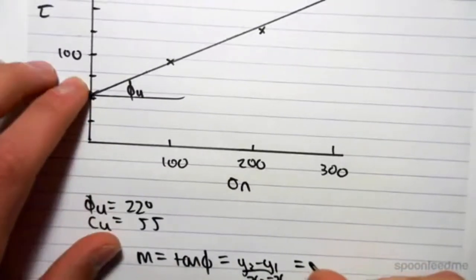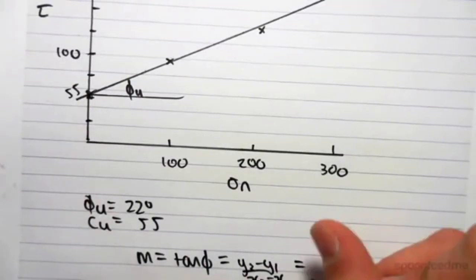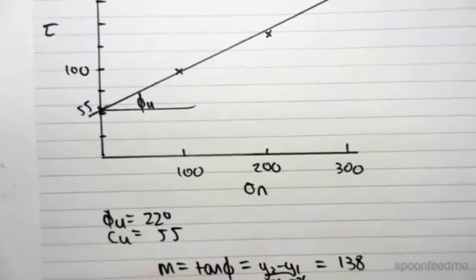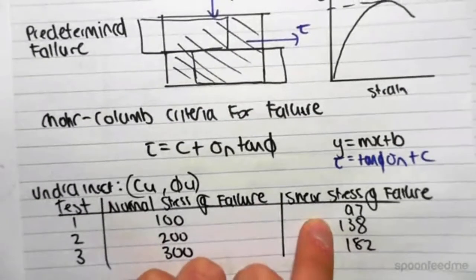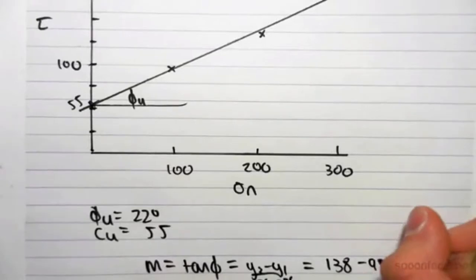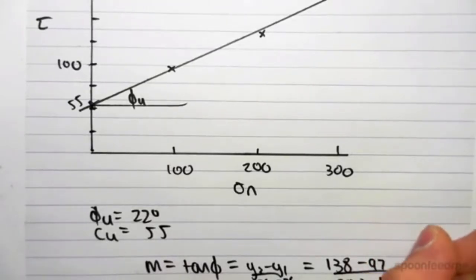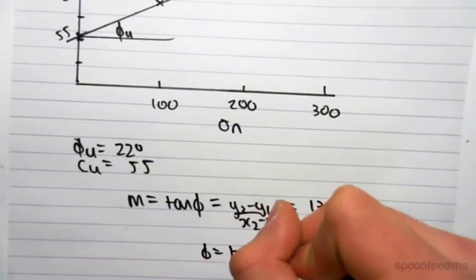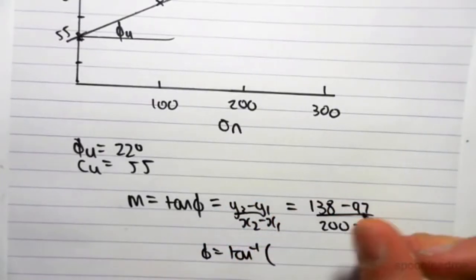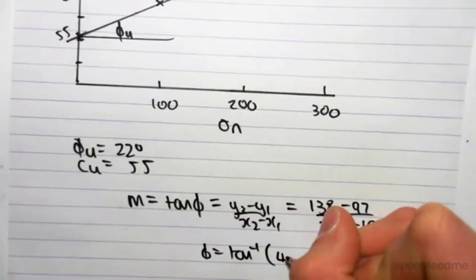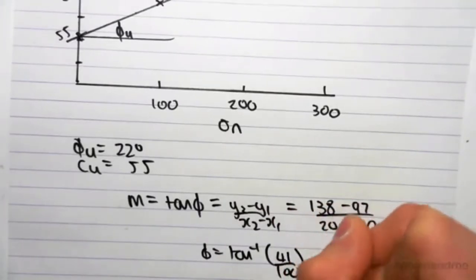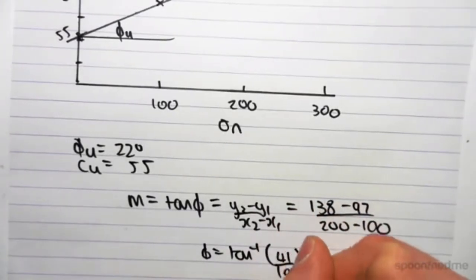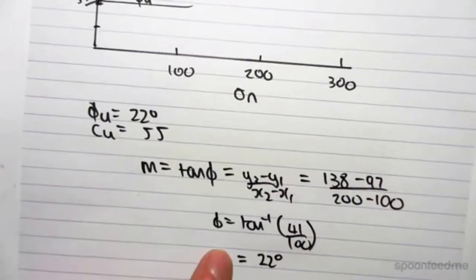So we could find that to be 138 minus 97 on 200 minus 100, which is the run, which means that phi equals inverse tan of 138 minus 97, which is 41, on 100, and we would get around 22 degrees. So we'd get a similar answer.